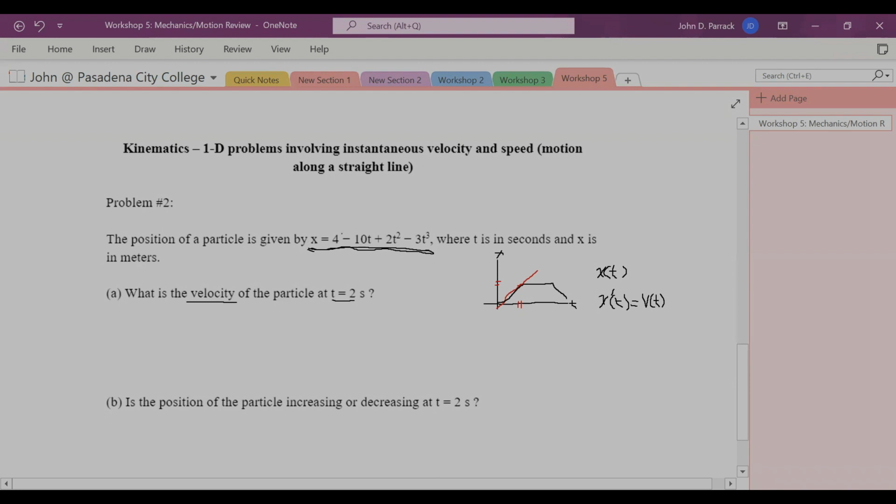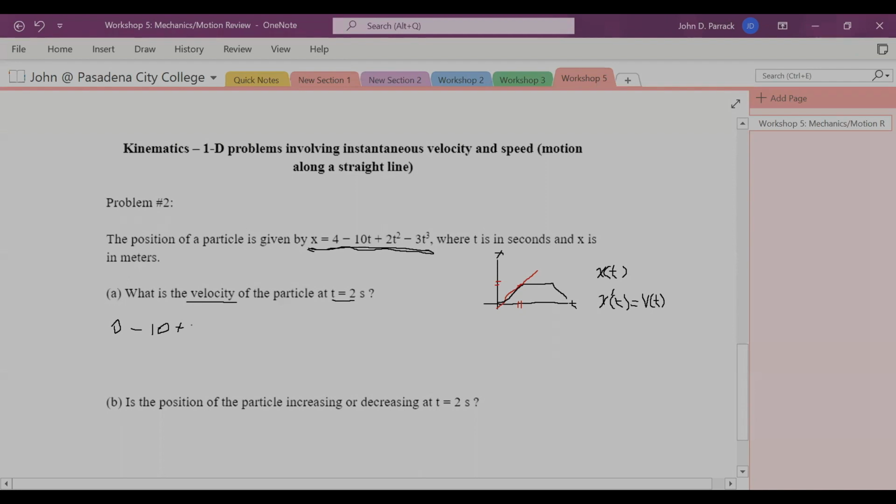The derivative of this function, well, 4 is a constant, it becomes 0, minus 10t. We drop down an imaginary 1, we do 10 times 1, it's still negative 10, and the t disappears. All right, just doing the power rule here a couple times.